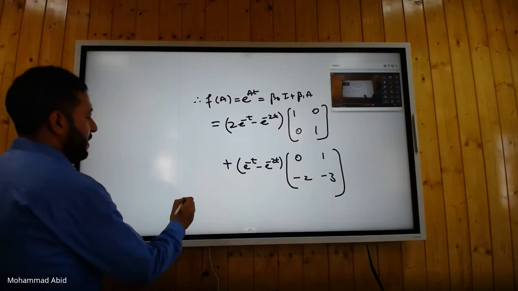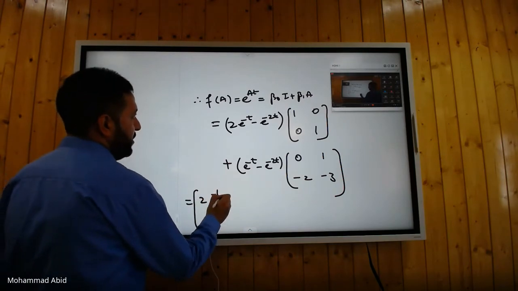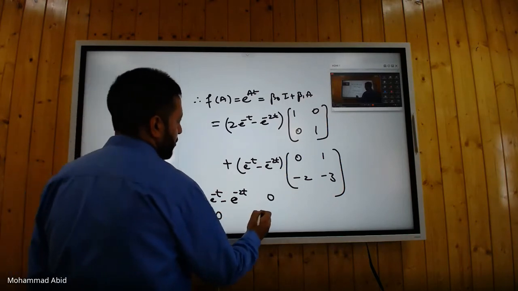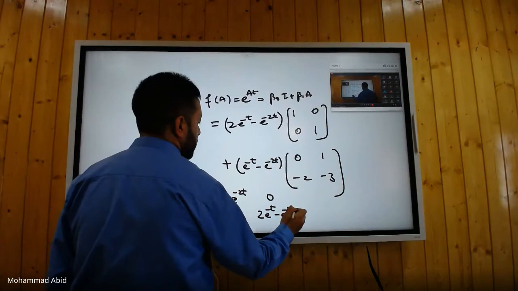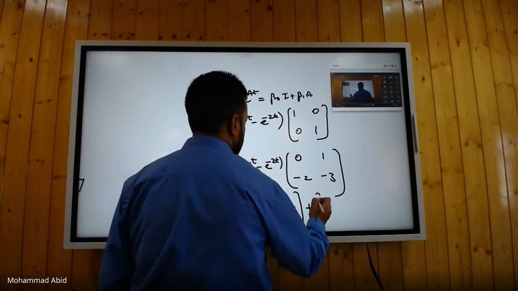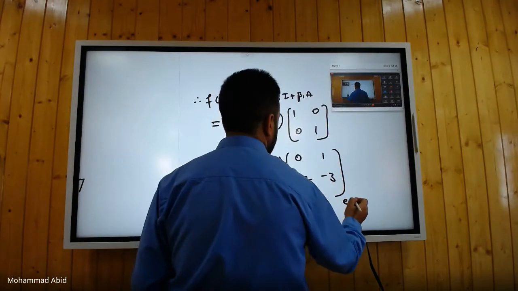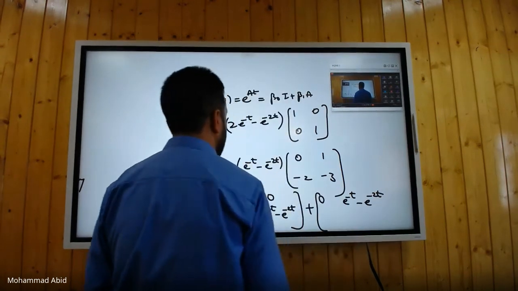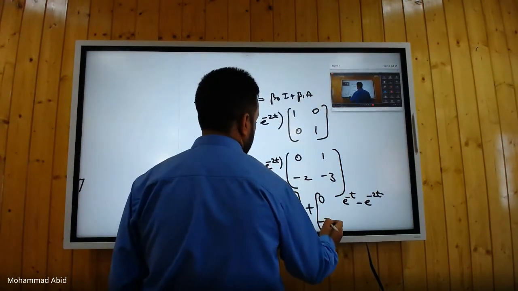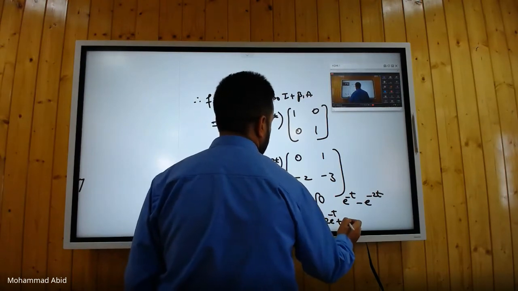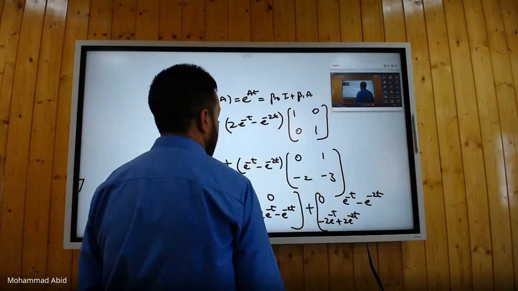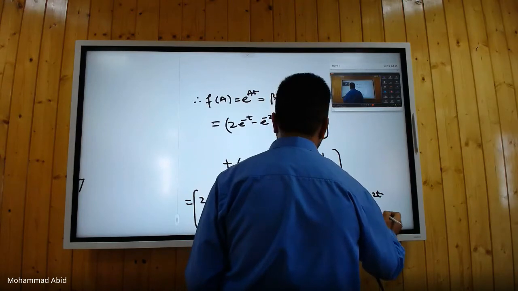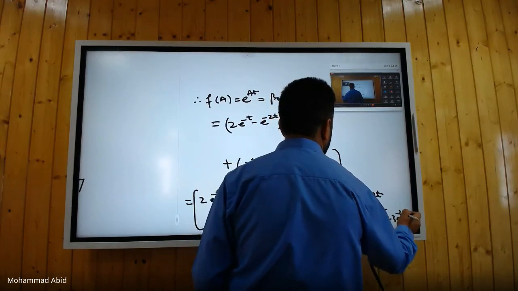So this will be equal to 2 e to the power minus t minus e to the power minus 2t, then 0 0 2 e to the power minus t minus e to the power minus 2t, then plus this is 0, e to the power minus t minus e to the power minus 2t, then minus 2 e to the power minus t plus 2 e to the power minus 2t, and minus 3 e to the power minus t plus 3 e to the power minus 2t.